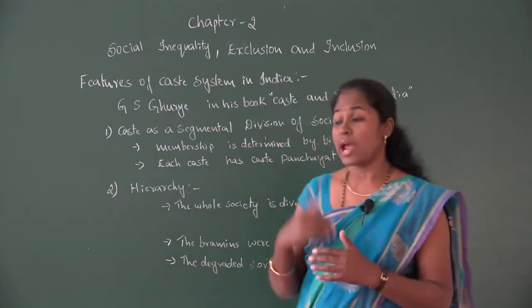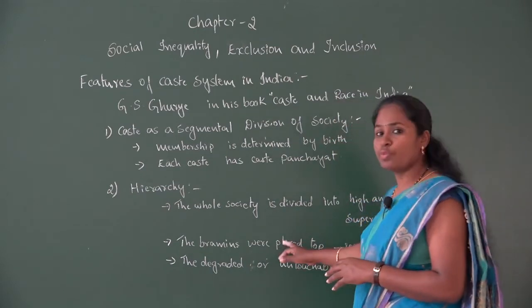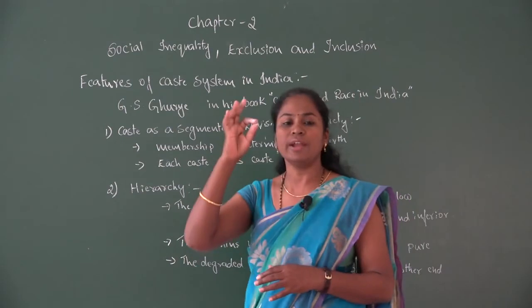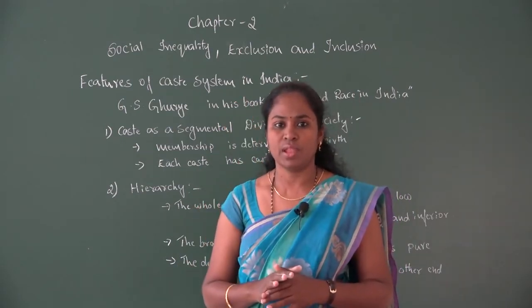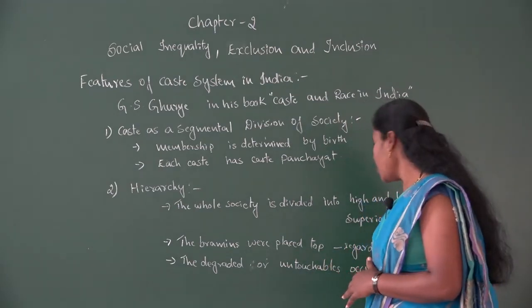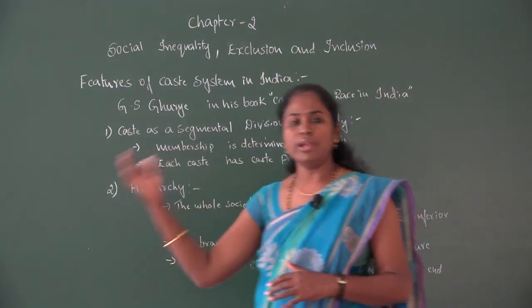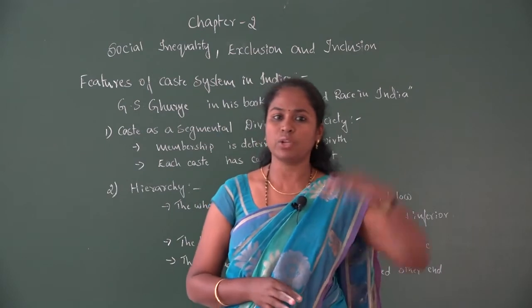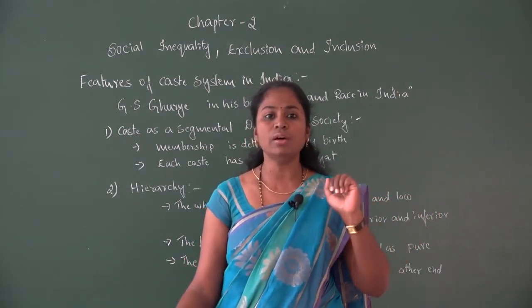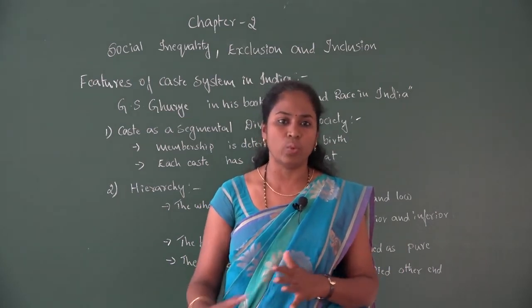How was it divided? The Brahmins were placed at the top. They were regarded as the pure ones. And the degraded ones, or the untouchables, occupied the other end of the hierarchy. The topmost are the Brahmins and the end of the hierarchy are the untouchables or the degraded ones.